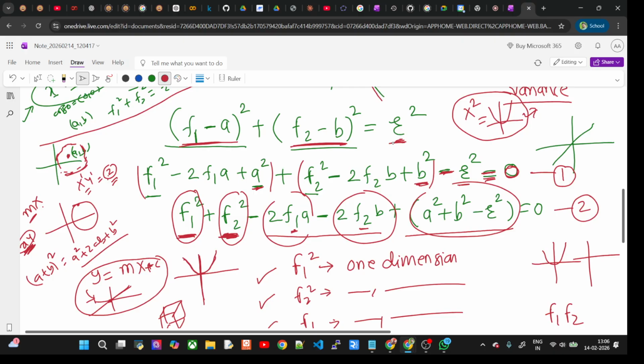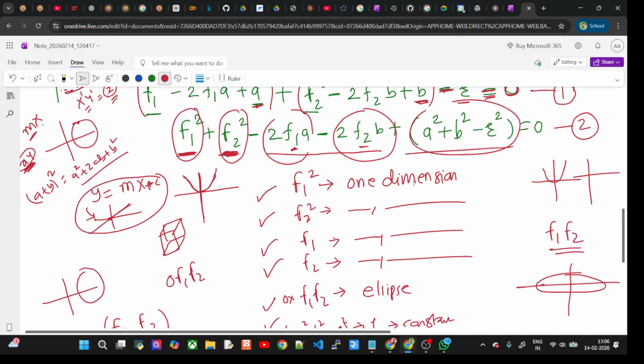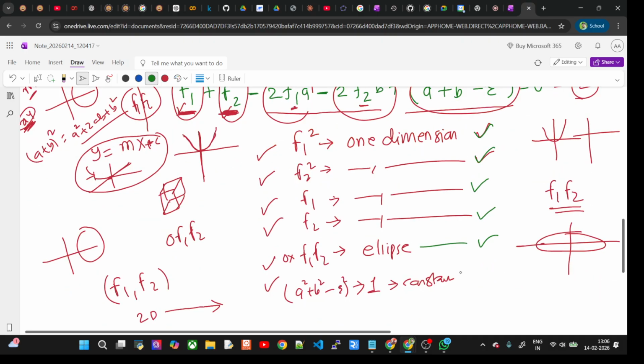If I see the final equation number 2, these f1 and f2 two dimensions are now converted into 1 2 3 4 5 and now 6.